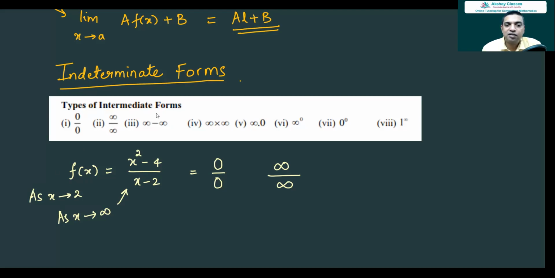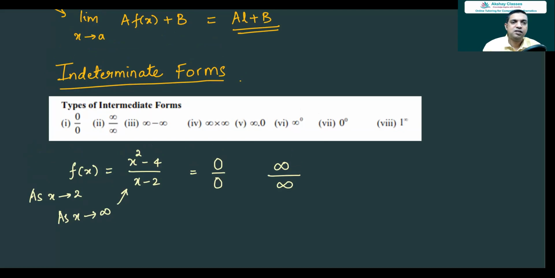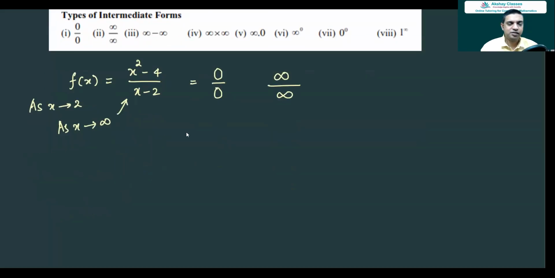So that is why these are called indeterminate forms. So how to evaluate these indeterminate forms? We will do that now. First, we will take some simple algebraic limits, before we go into the standard limits.